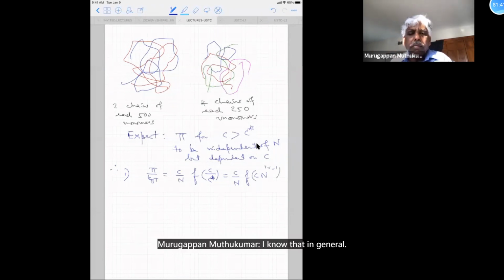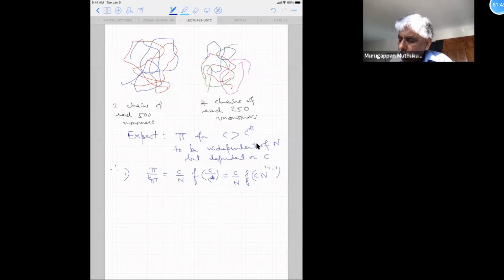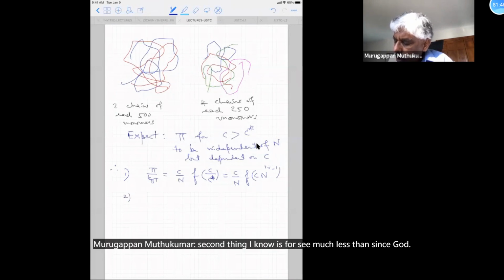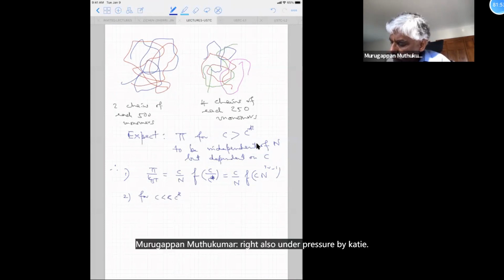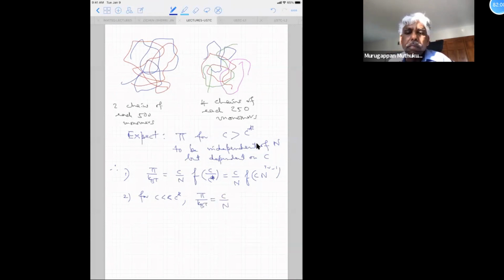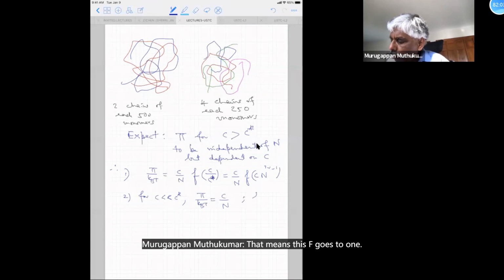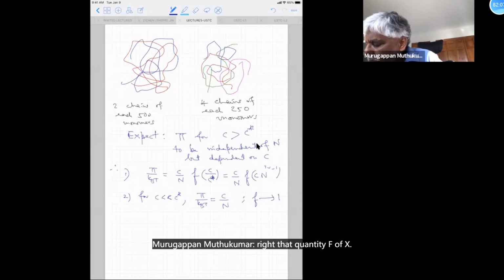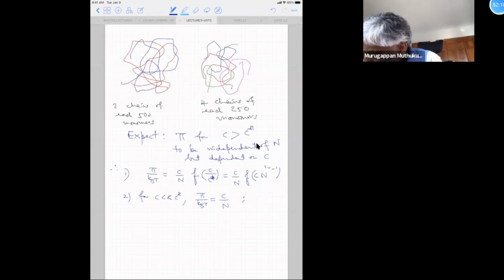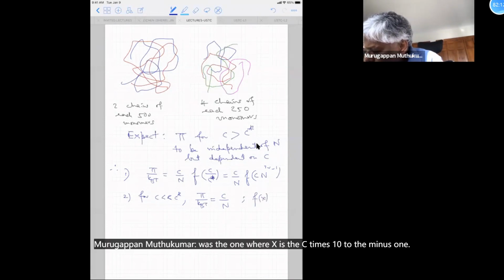Second, for C much less than C star, osmotic pressure by kT is equal to C over N. I know that. That means this function F goes to 1, where F of X goes to 1 and X is C times N to the 3 nu minus 1.